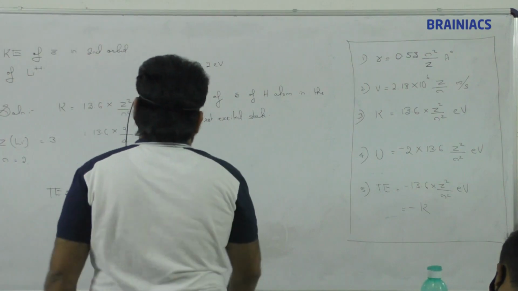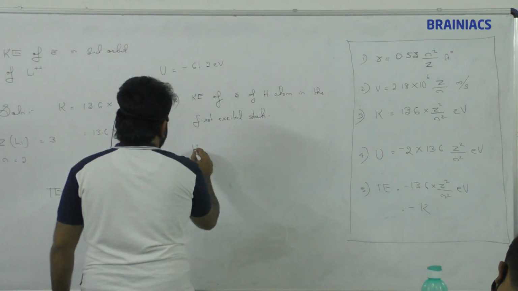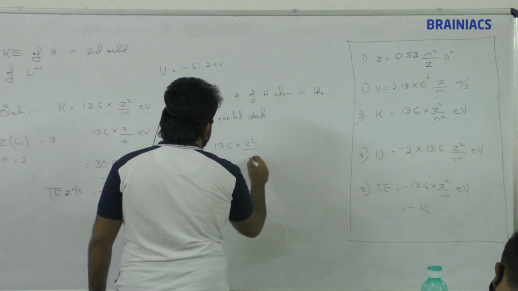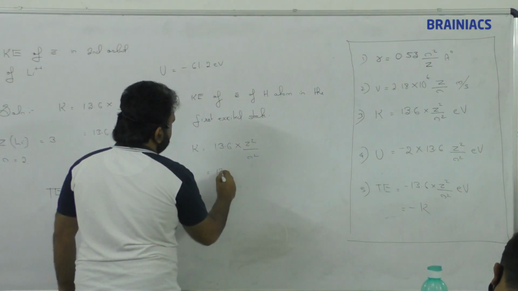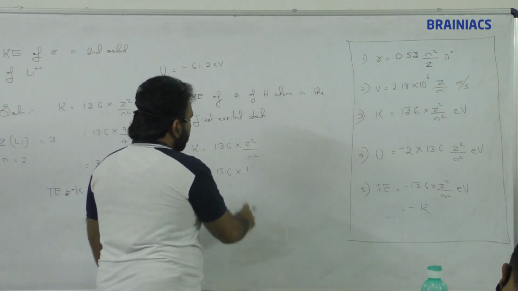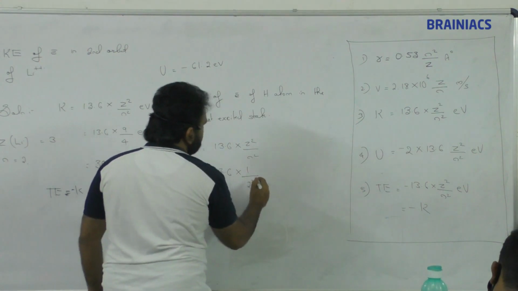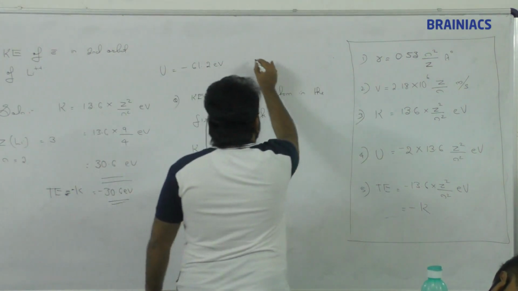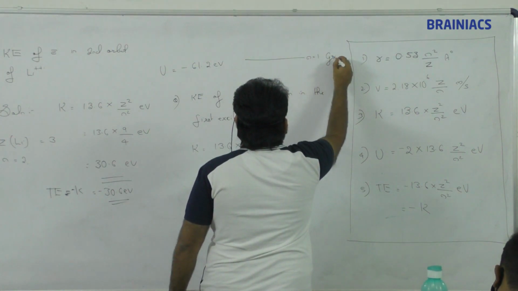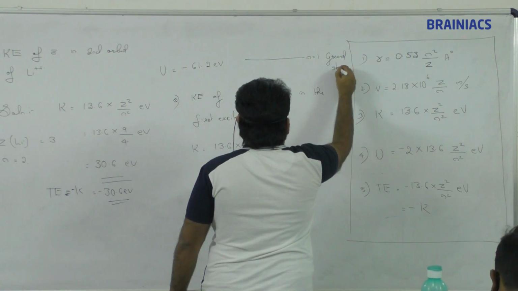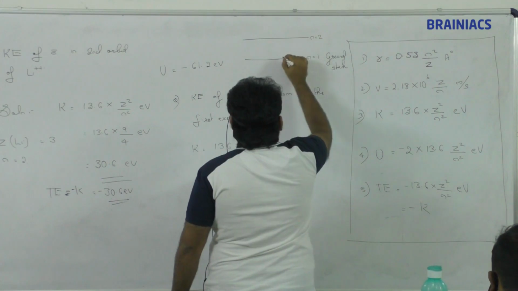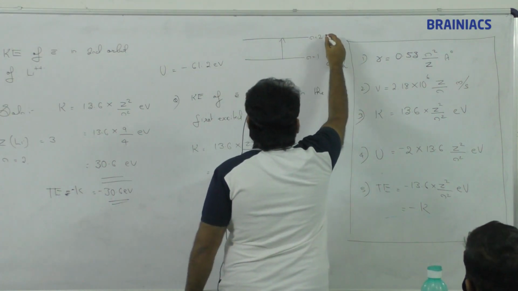So kinetic energy is 13.6 into Z square by N square. For hydrogen atom, the atomic number is 1. So what is N? N is equal to 2. The first shell, that is N equal to 1, is actually called the ground state. So the first excited state is N equal to 2.